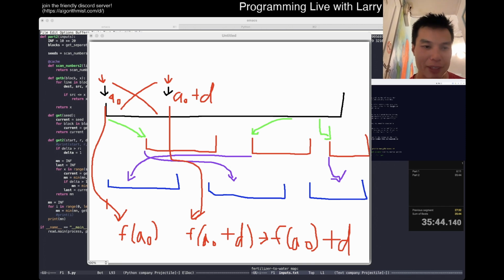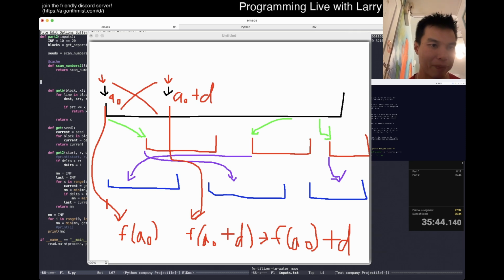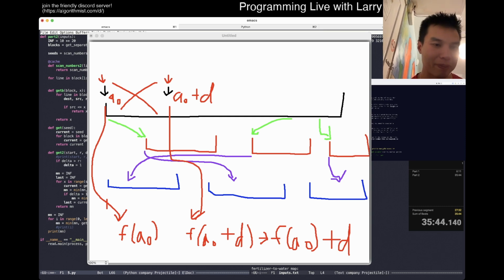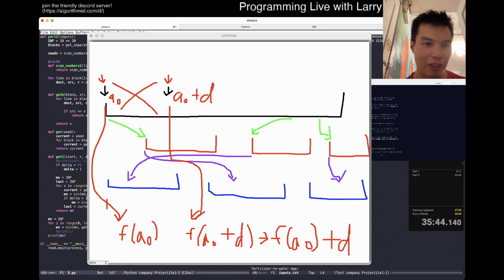Because of that, and if we really want to be hardcore about it, we can just do something like, let's see, for line in block 1. Oh, you're not seeing me type.